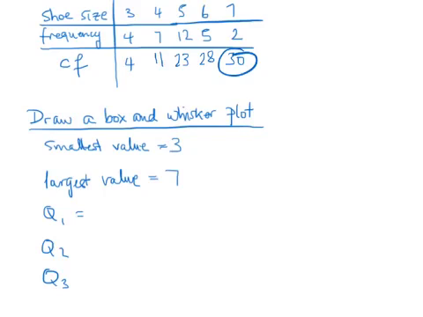So Q1 is 30 divided by 4, remember, the 30 over 4th value. And 30 over 4 is 7.5, so it's the 7.5th value. And the 7.5th value, where you go along the cumulative frequency until you place where 7.5 would be, it'd be in between 4 and 11. So you go up and along and you read off 4.